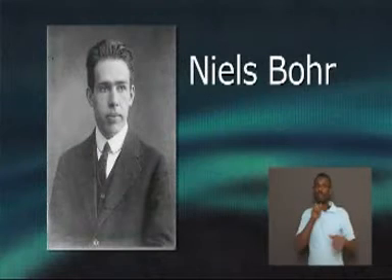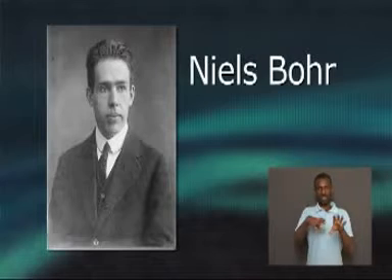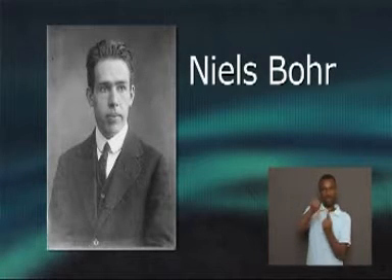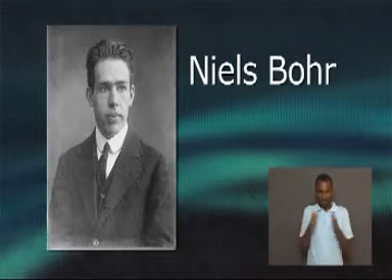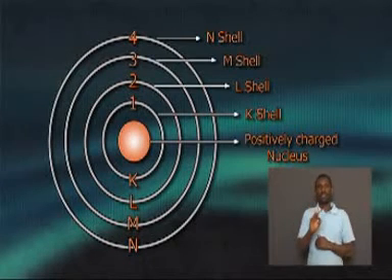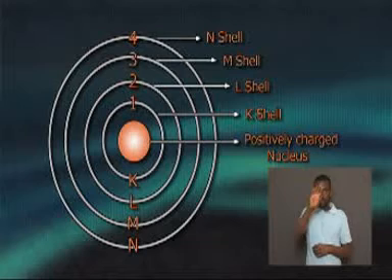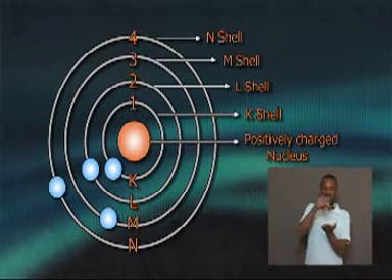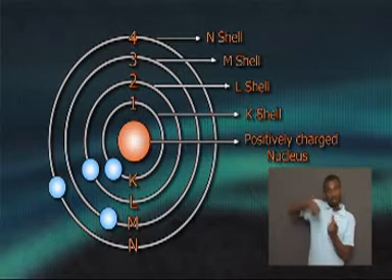In 1913, Niels Bohr introduced the Bohr model of the atom. Bohr's suggestion was that specific energy levels exist within an atom's structure, and that electrons orbit the nucleus along rings, in the way that planets orbit the sun in our solar system.